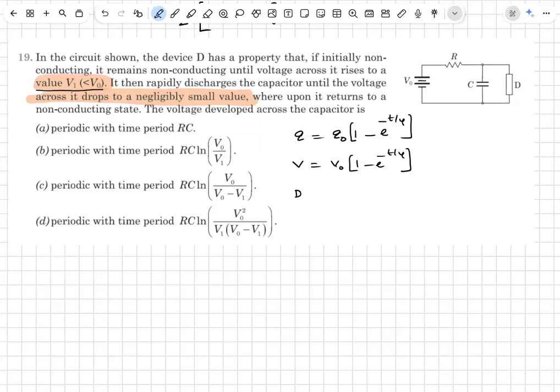Till the moment the drop across D, which is the same as VC, is less than V1, because you mentioned in the question it remains non-conducting until the voltage across it rises to a value V1. Then suddenly it will discharge. It will become zero. The charge across the plates becomes zero. Whereupon it again reaches the normal stage repeatedly.